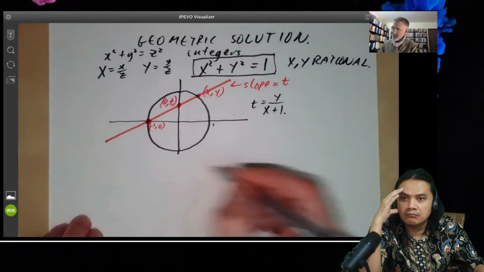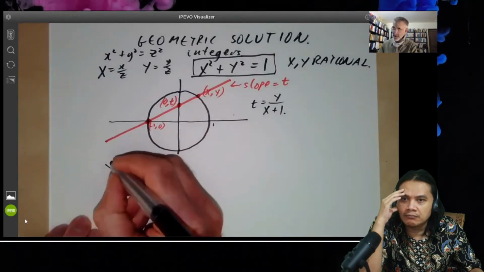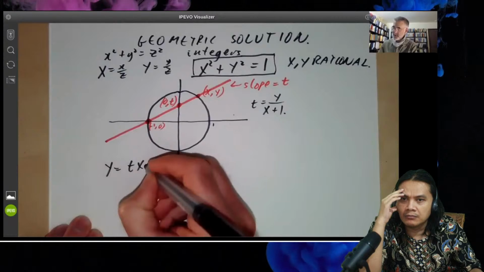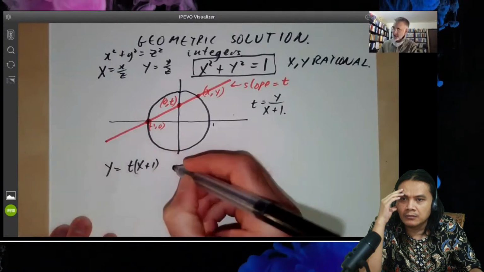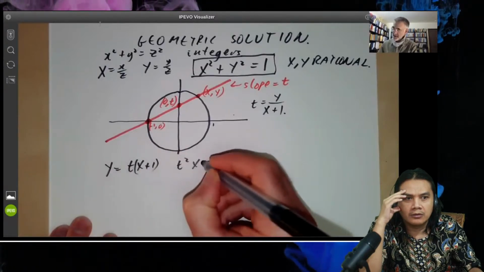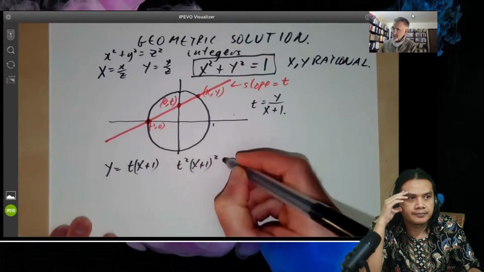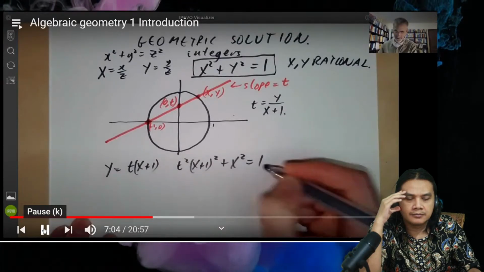Anyway, we can do this explicitly as follows. So we know y is equal to t times (x plus 1), and substituting in, we find t squared (x plus 1) squared plus x squared equals 1.